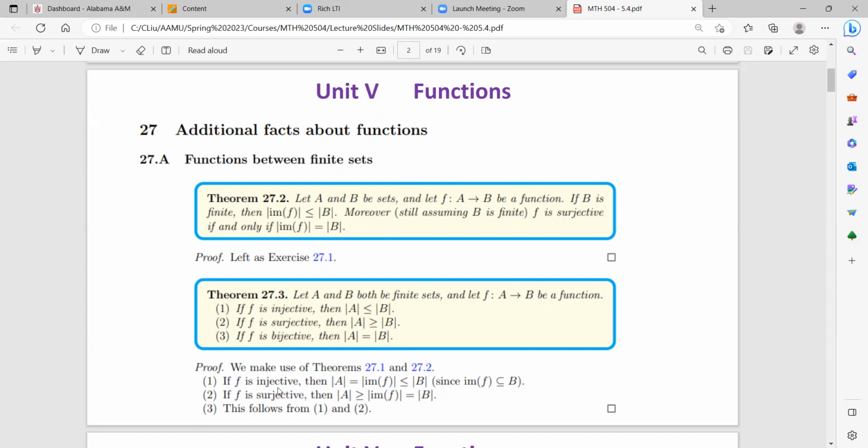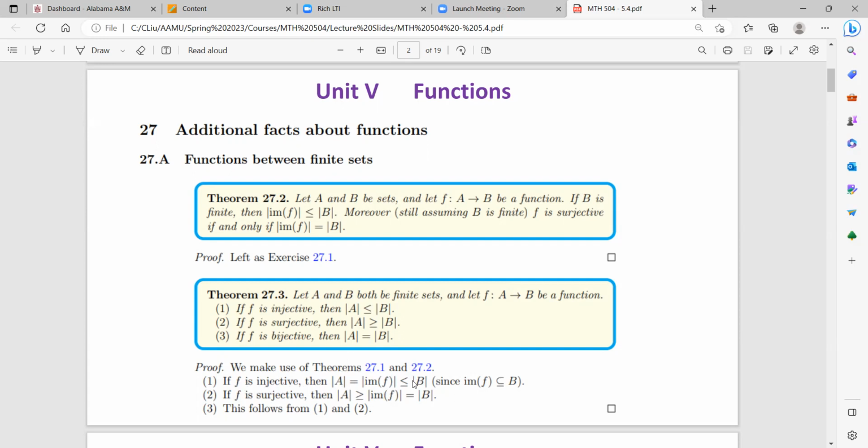For example, if f is injective, then you get the same size of the domain and the image, because it's injective: each element in the domain maps to a different element in set B. So you get the same size of the image as the domain.